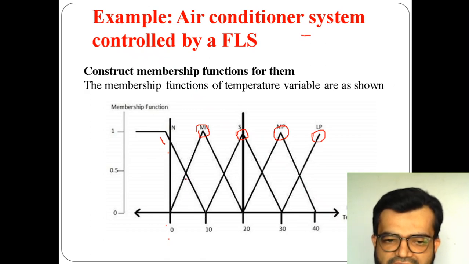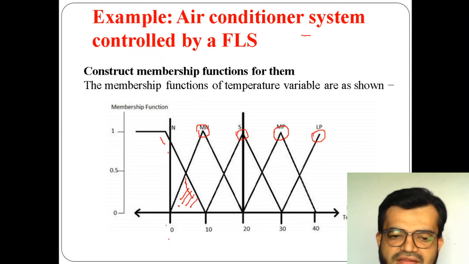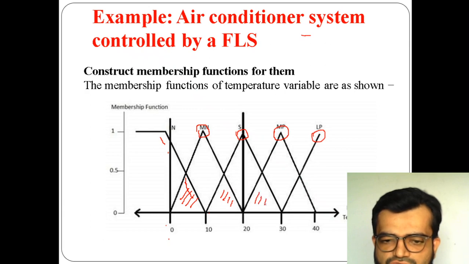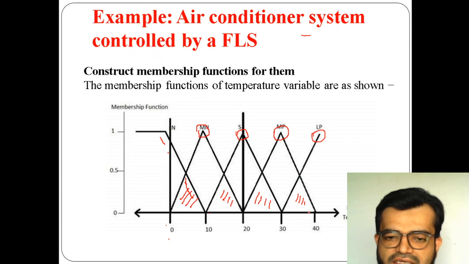So this is the region. This region belongs to 0 to 10 degrees, this region belongs to 10 to 20 degrees, this region belongs to 20 to 30 degrees, and this region belongs to 30 to 40 degrees.